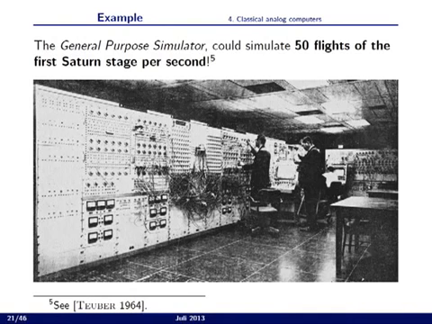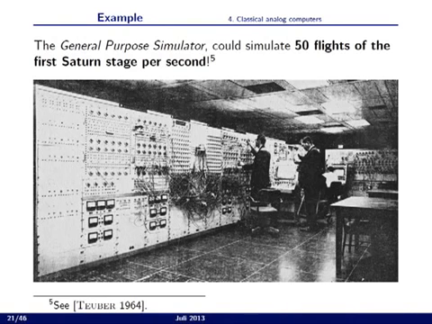And it was able to simulate 50 complete flights of the first stage per second, solving all those differential equations describing a rocket more than 100 meters in length, subject to aerodynamical forces, to bending moments and the like, 50 times a second.